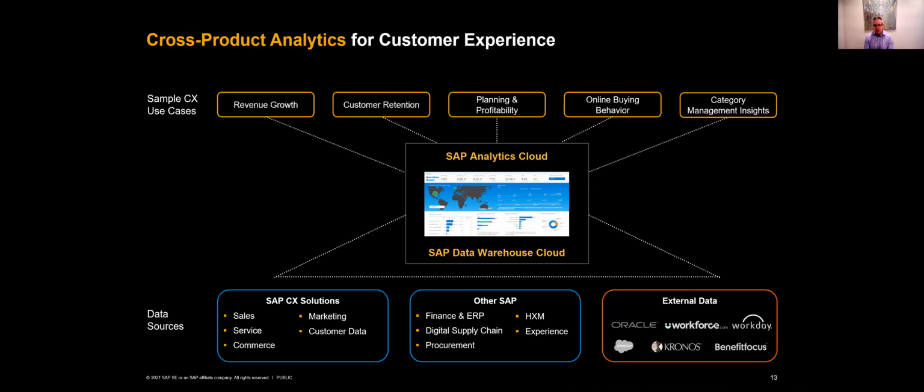What we can do with Data Warehouse Cloud and Analytics Cloud is provide packaged content as well as the flexibility to connect into those applications, providing KPIs like revenue growth, customer retention, planning and profitability, online buying behavior, and category management insights.